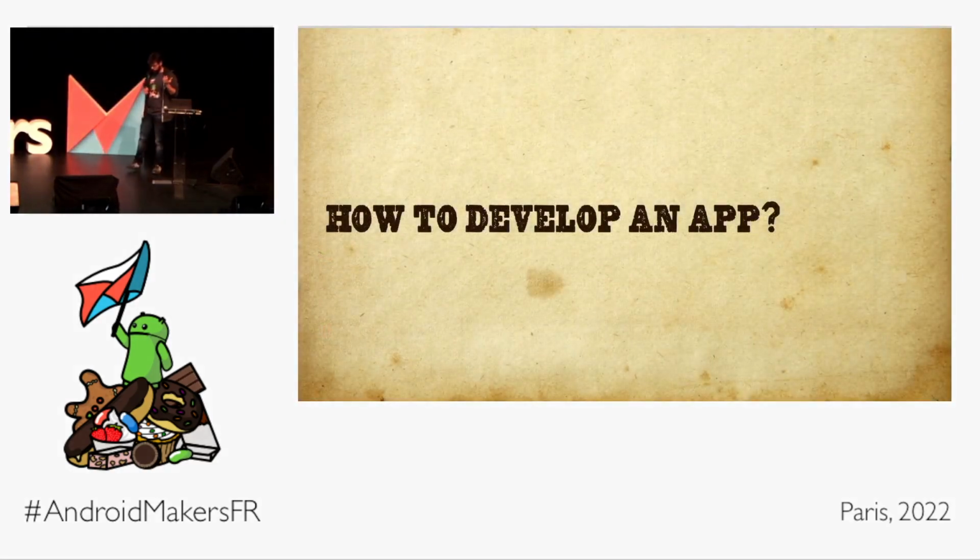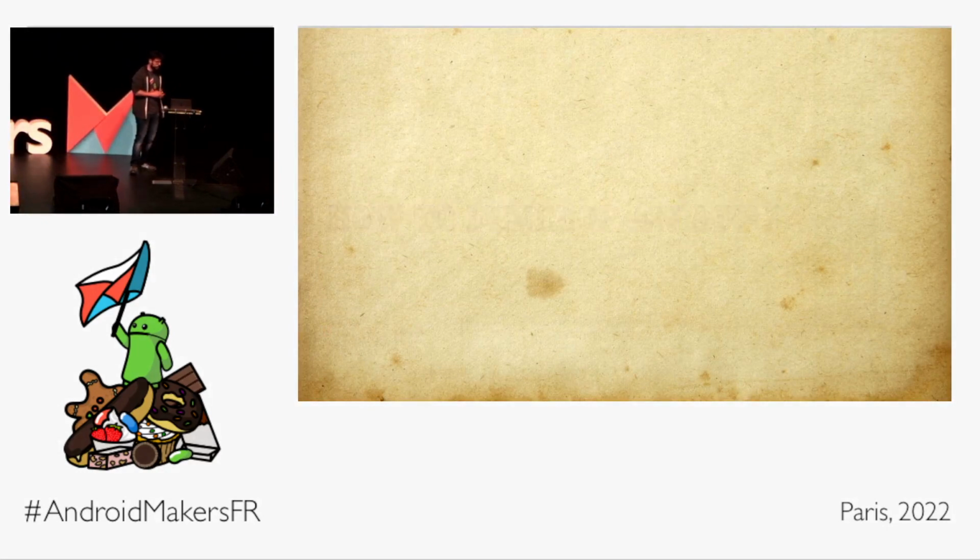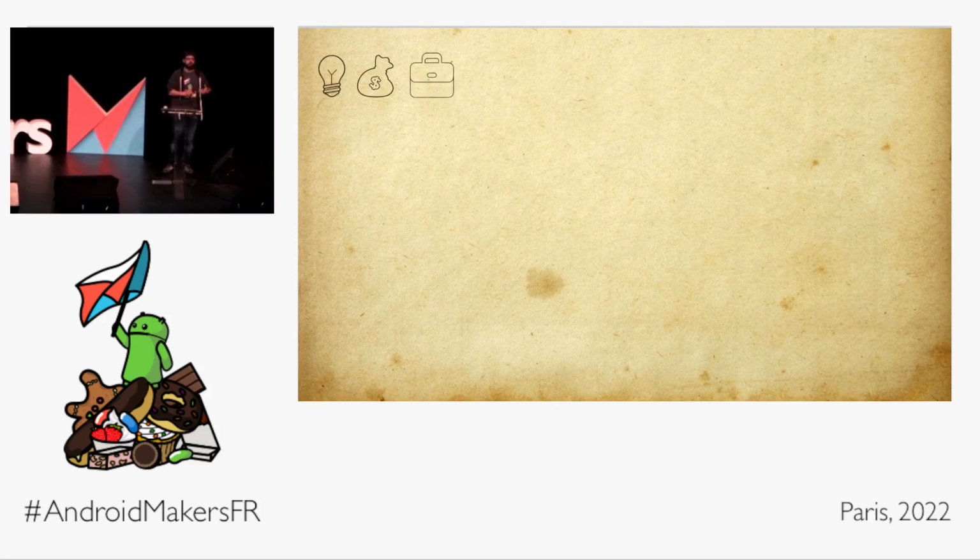So the first question is how to develop an app. You might have a great idea that you want to implement, or you're paid for that, it's your job, or there is that awesome framework that you want to test, so you create a side project to do it. And this is really important because the project that you want to create is going to define the tools that you're going to use to program.